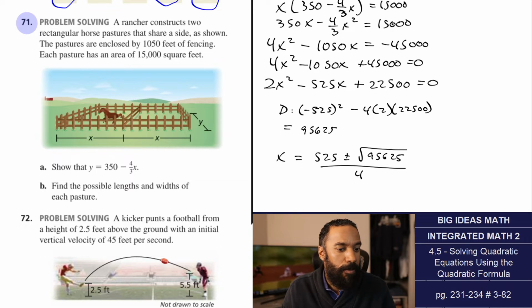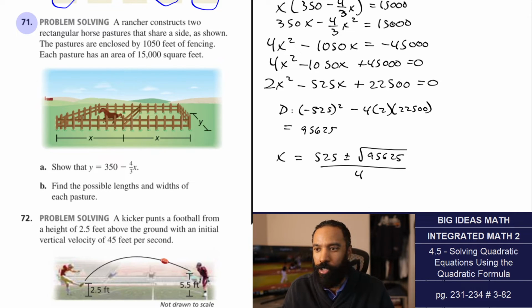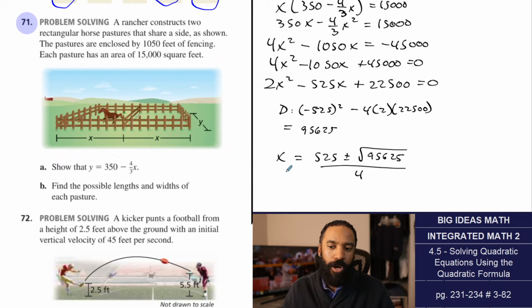So it says possible lengths and widths. You can probably do the minus and the plus. Now I'm kind of sick of having so many of these. I want to get a little less work, if possible. Square root of 95625 divided by 4. So here's the minus version where I'm getting about 53.94. I'm going to round to the nearest whole number.